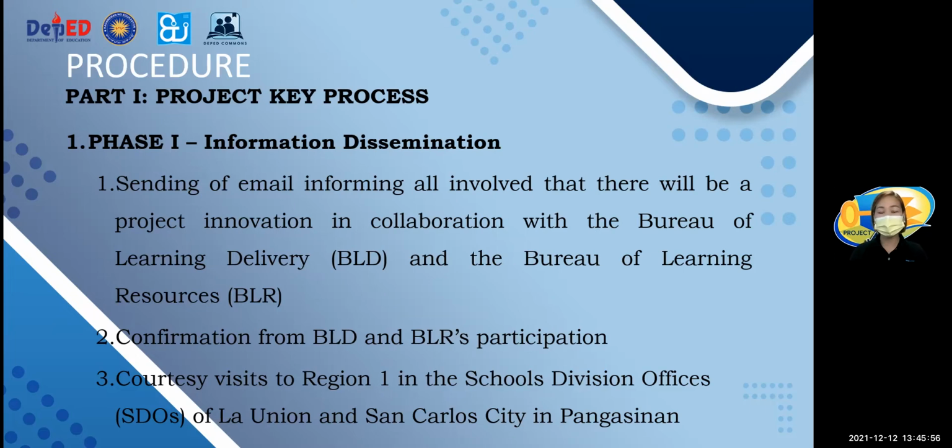Before we proceed in implementing an innovation, we have to extend a courtesy to our counterparts in the central office, the Bureau of Learning Delivery and the Bureau of Learning Resources, or the BLR. What is good here is that we are united. We have a concrete decision and concrete learning materials that we are going to proceed with later on.